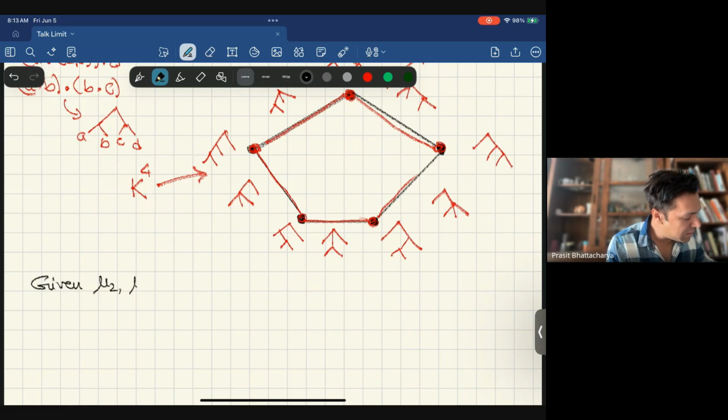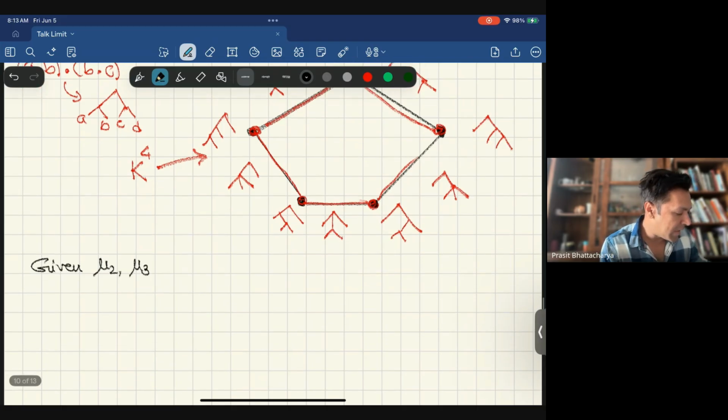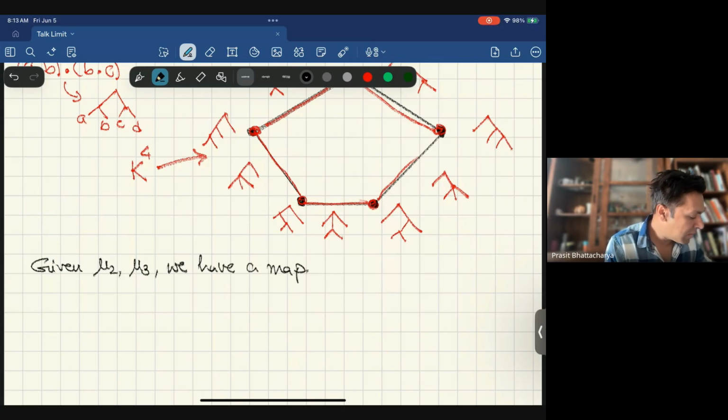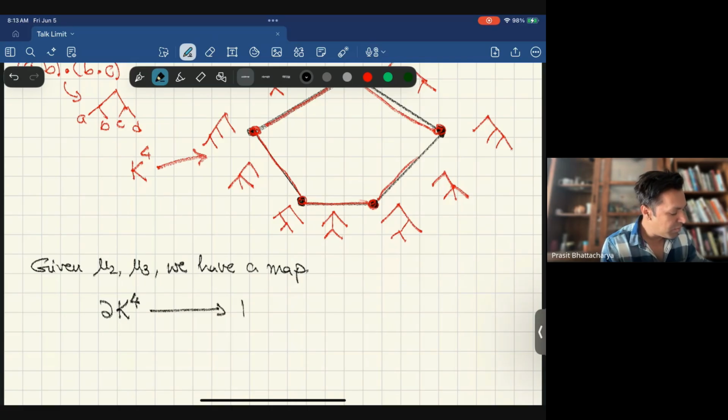So what happens is that given mu2 and mu3, we have a map from the boundary of this pentagon, which I'm going to denote by K4 for whatever reason I'm calling it K4, to function space from the fourfold Cartesian product of x into x.